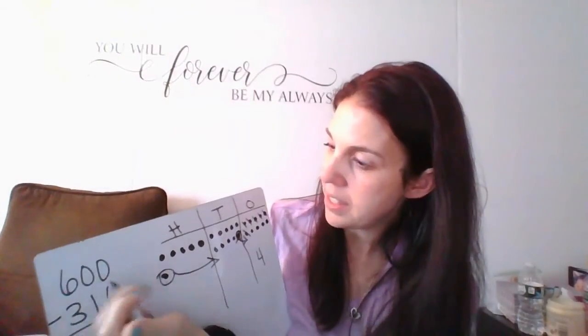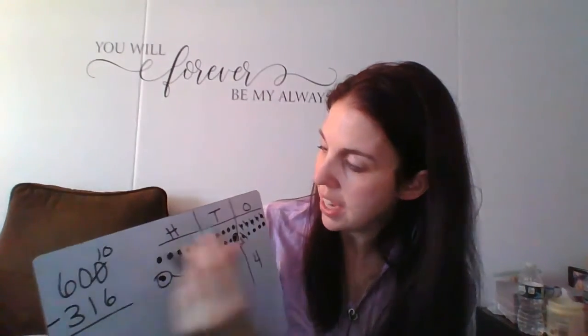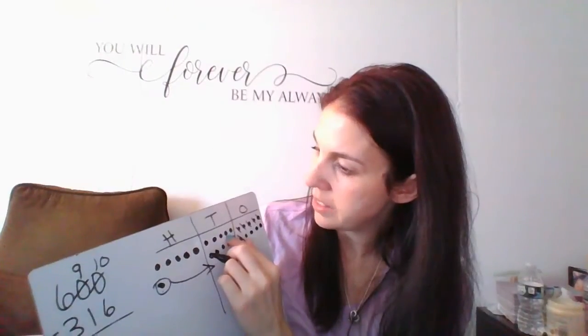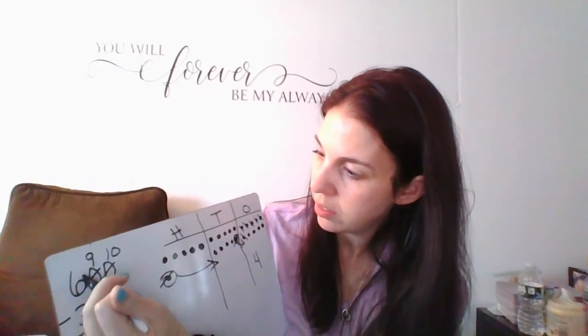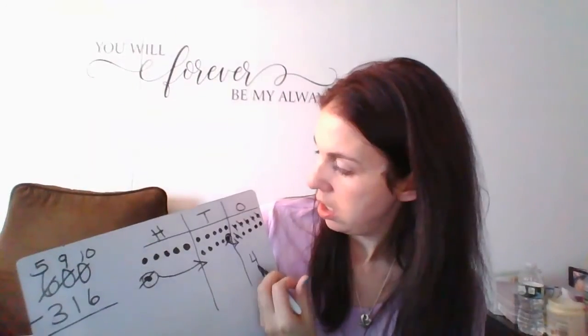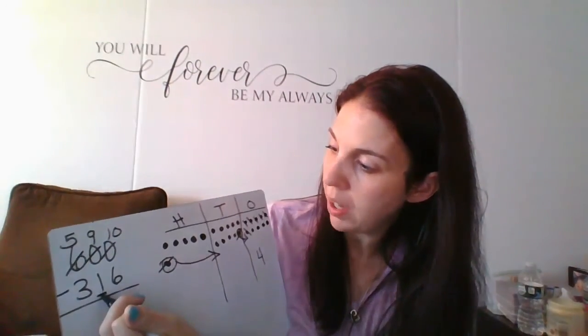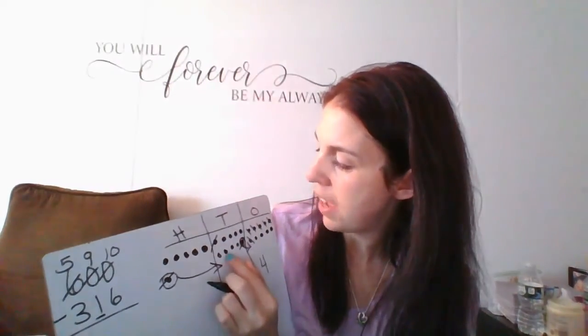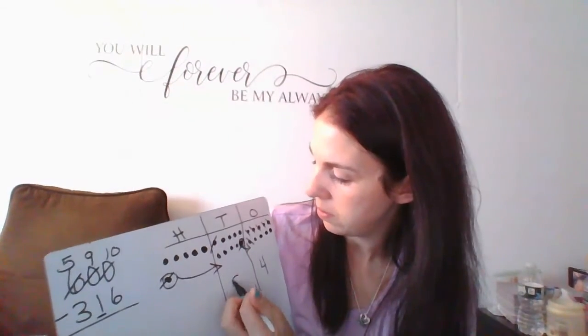So right now, this 0, we actually have 10 in the ones spot, and we have 9 in our tens spot, and we have 5 in our hundreds. Now I'm going to take away 1 ten and see how many tens are left. 1, 2, 3, 4, 5, 6, 7, 8.